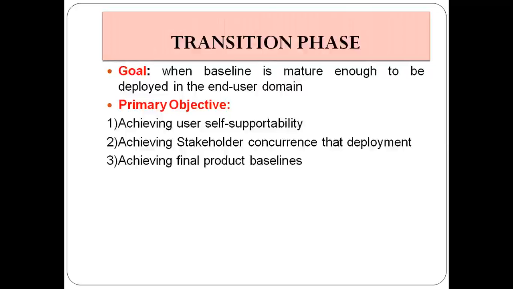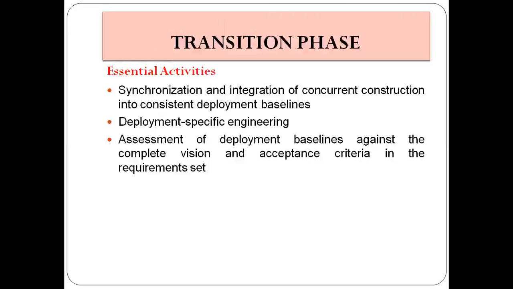And next, we have to achieve the stakeholder concurrence that deployment baselines are complete and consistent with the evaluation criteria of the vision. And the final primary objective is achieving the final product baseline as rapidly and as cost effectively as practical. So these are the primary objectives.